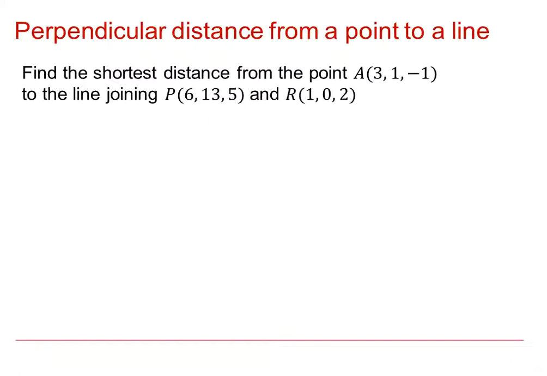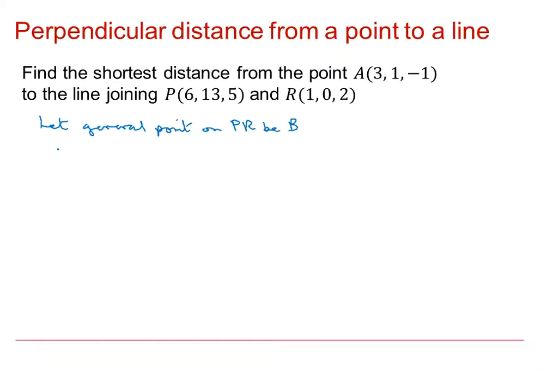So here we're looking for the shortest distance from the point A, which is given, to the line defined by P and R, which are also given. So let's define a general point on the line. Let the general point on the line PR be B, for example.